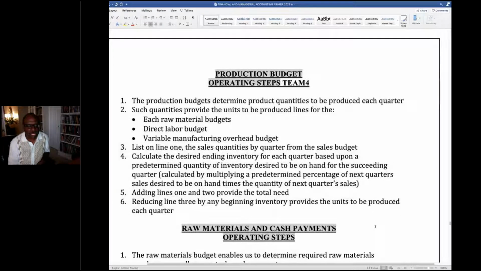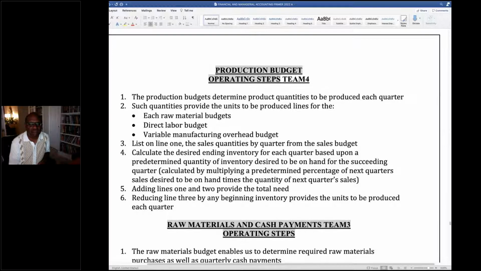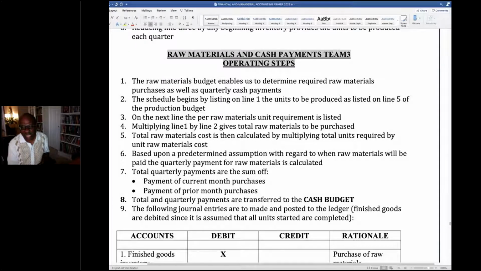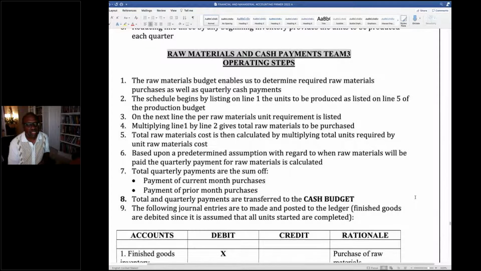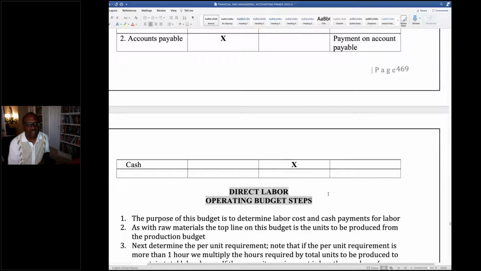Team 3, we'll let you do the raw materials budget. Team 5, we'll give you all direct labor.